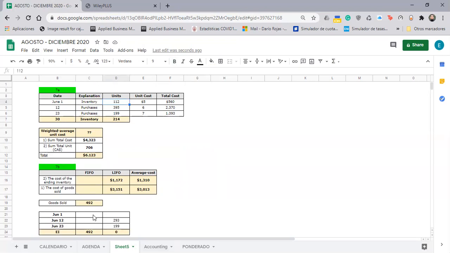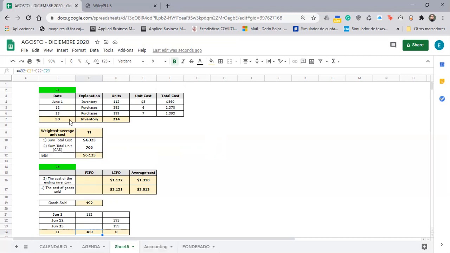So we will start to make the balance. We subtract 492 minus 112, and that shows us that we will need 308 more units in order to cover all the goods sold that the company made.